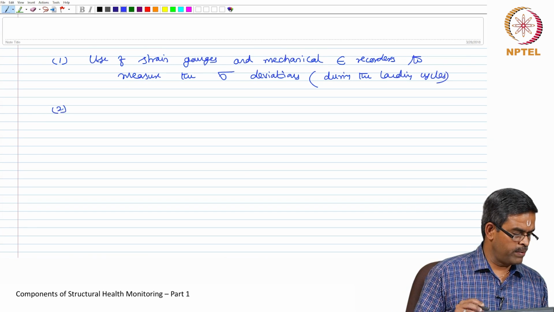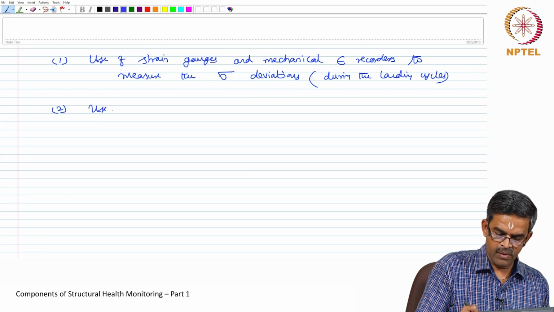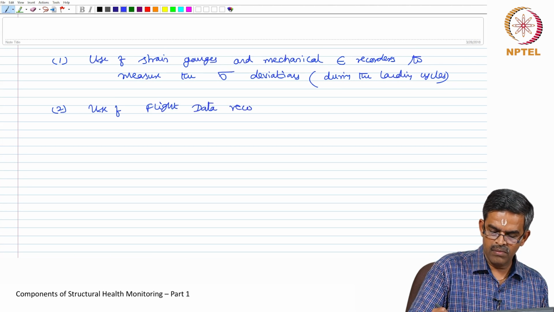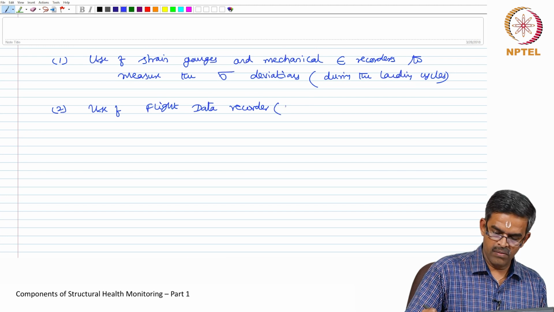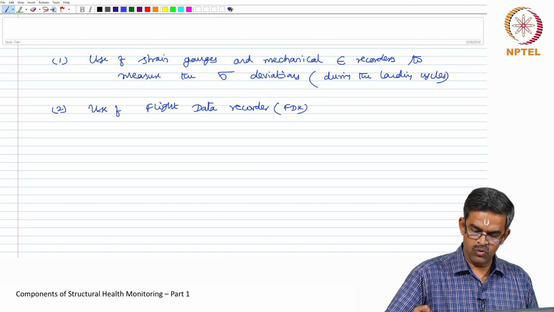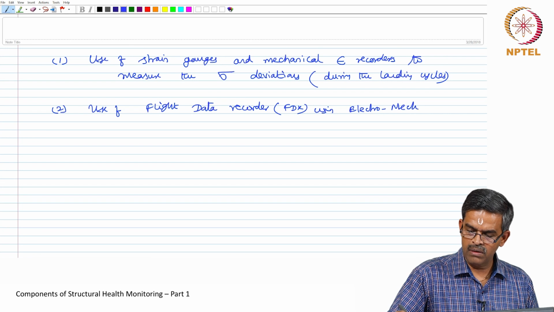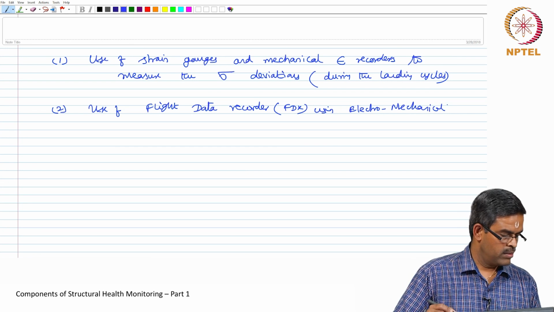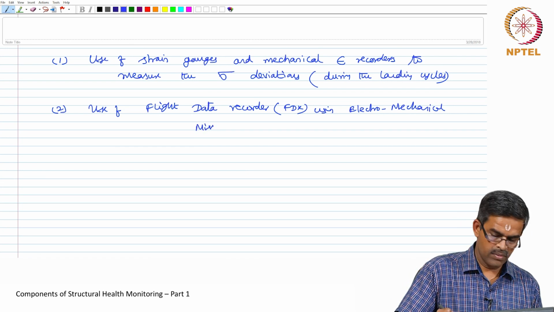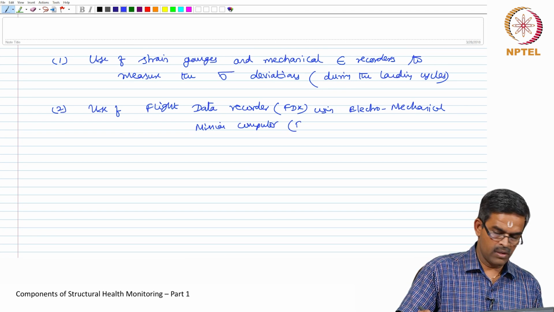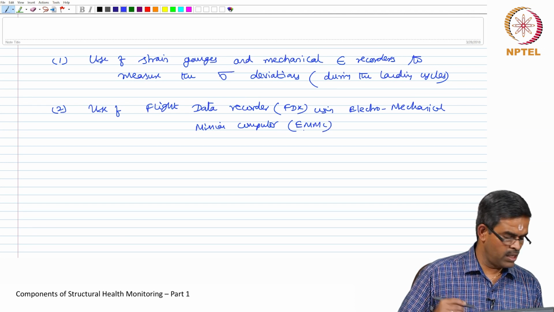The second application could be the use of a flight data recorder using an electromechanical mission computer, that is EMMC.